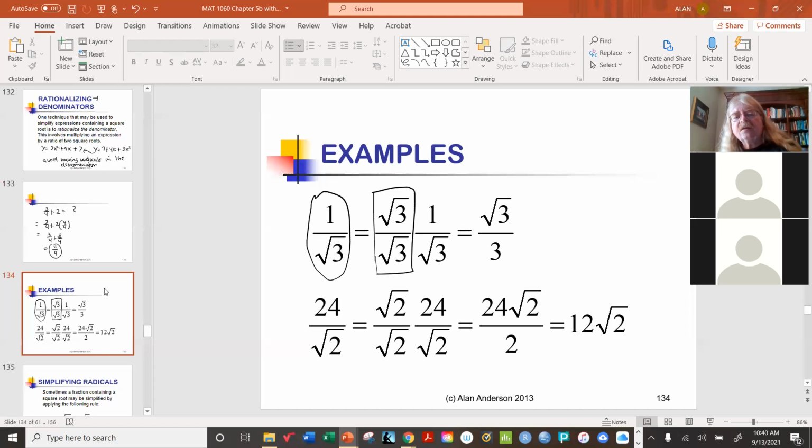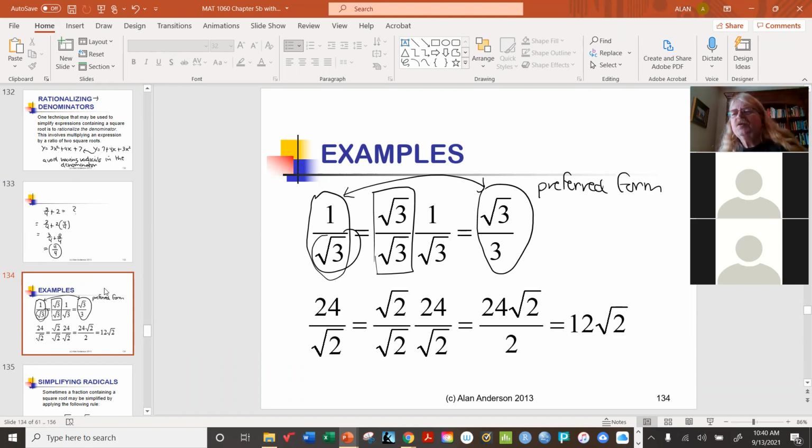But why did I choose radical 3 over radical 3? Because that's what's in the denominator here. And as you see, what happens is that in the numerator, I end up with radical 3. The denominator, I end up with 3. And this is the final result. Now, these two numbers certainly do equal each other. But again, by convention, we always want to use this one. This is the preferred form.